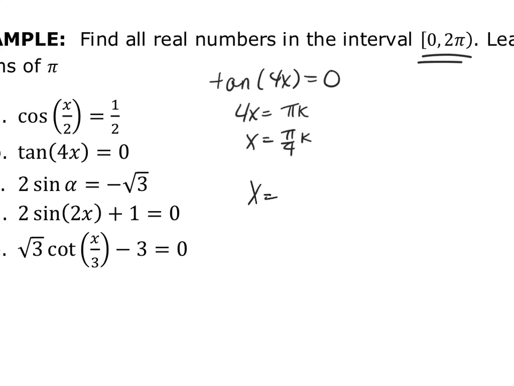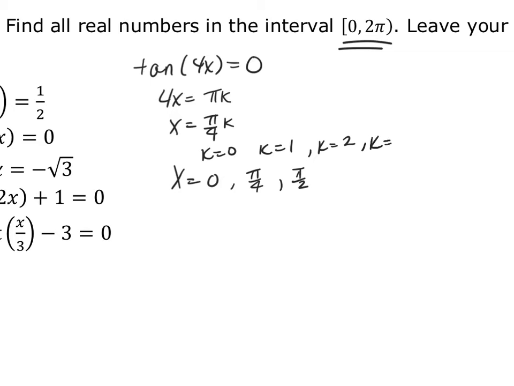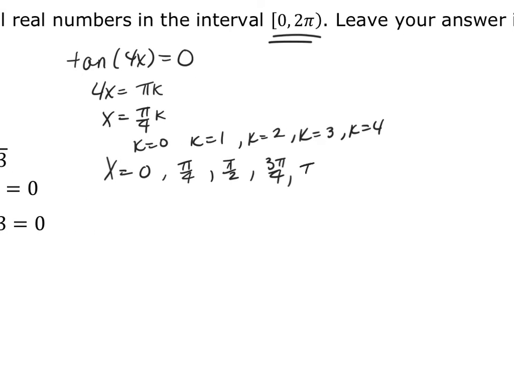So x is equal to, when k equals 0, I get 0. When k equals 1, I get pi over 4. When k equals 2, I get 2 pi over 4, which is just pi halves. When k equals 3, I get 3 pi over 4. When k equals 4, this fun never ends, I get 4 pi over 4, which is just pi.